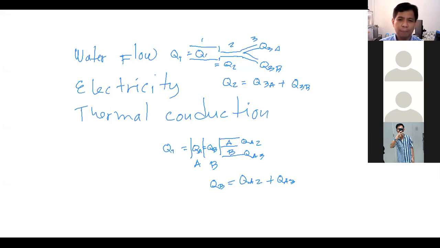Tapos tinatanong yung temperature between the materials. So para ma-solve niyo yung problem na yon, basically ang gagawin niyo lang, i-assume niyo na pare-parehas yung heat flux doon sa tatlong material. Ganun lang 'yun. Tapos you can set several equations. So pwedeng halimbawa doon lang muna sa unang material, no?